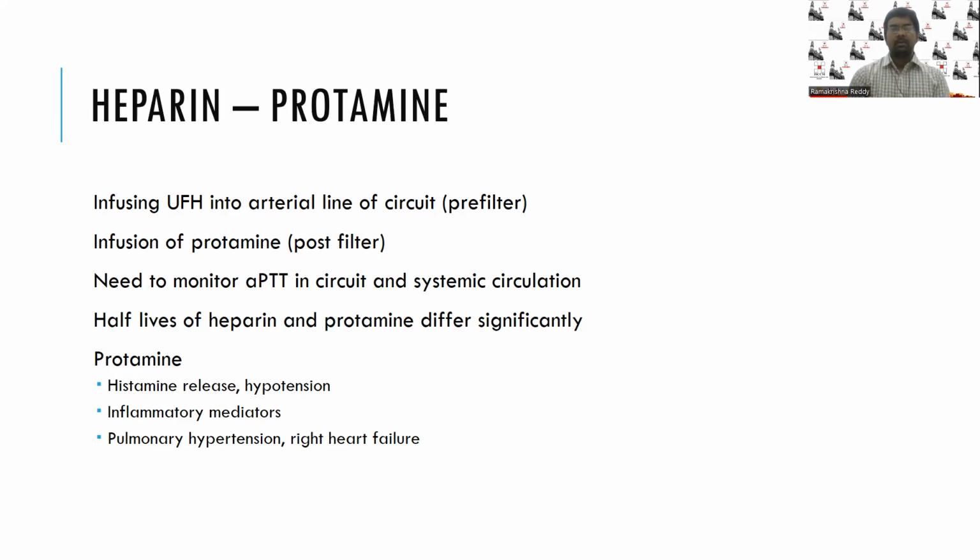Because protamine's half-life is very short, it will be metabolized faster than heparin, and in that case the heparin effect can be prolonged. So you may need to re-administer a second dose of protamine. Not only that, protamine has systemic effects: it causes histamine release leading to vasodilation and hypotension, potentiates inflammatory mediators, and can cause pulmonary hypertension and right heart failure.